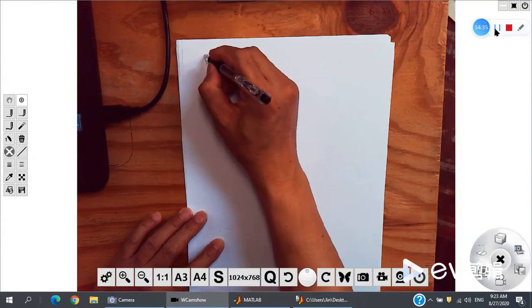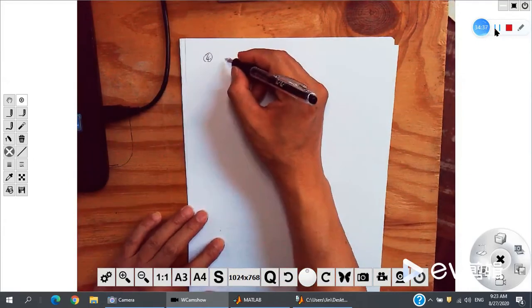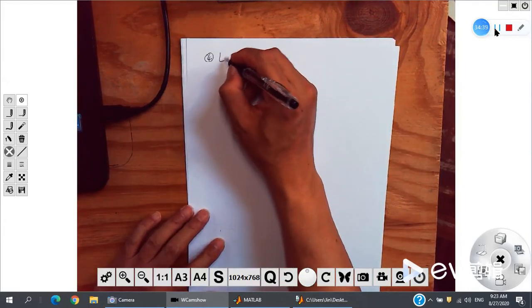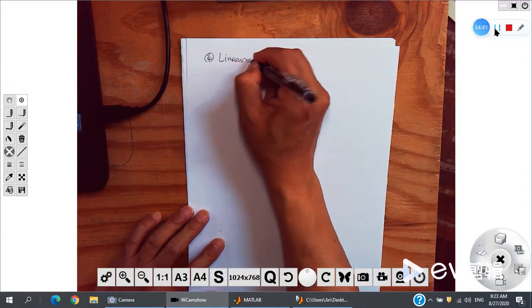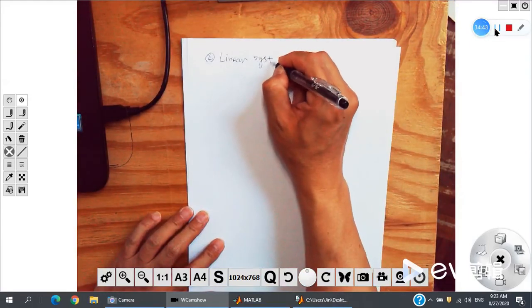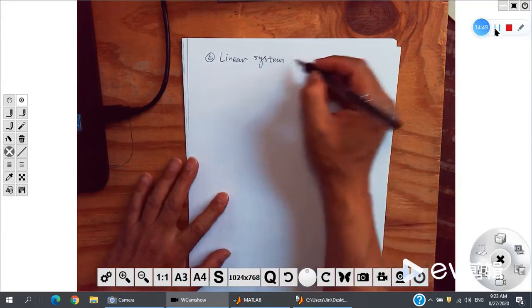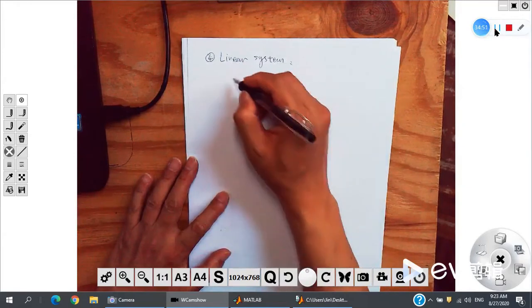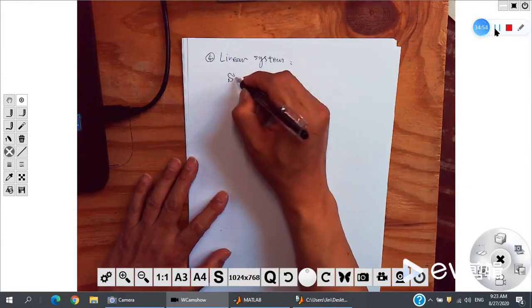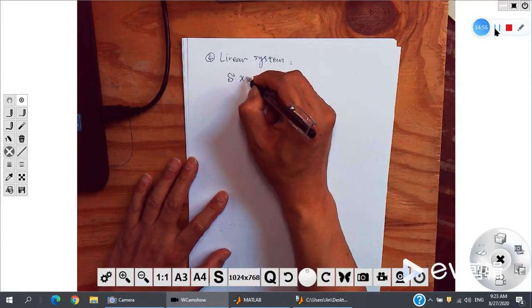Okay, the fourth type of system is the linear system. So what is a linear system? It has 2 features. Suppose this is a system with input x of n.